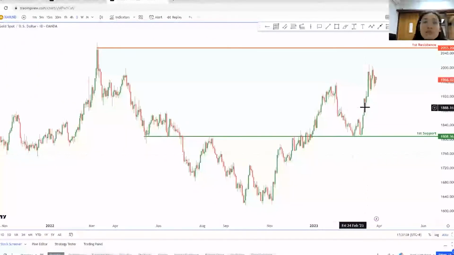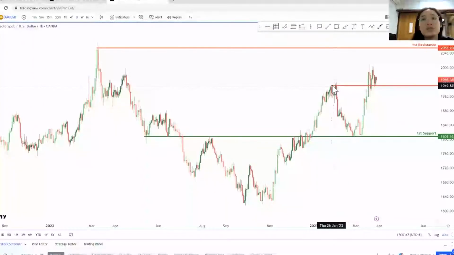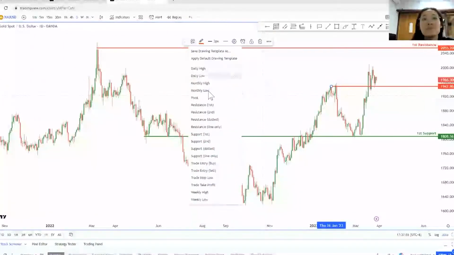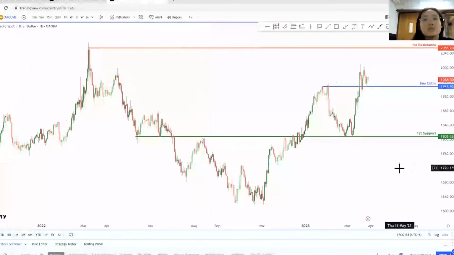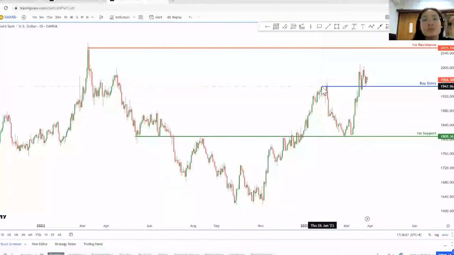All right. So if we're looking for an entry position, we will look for maybe over here, closer to where current price is, at this swing high resistance here.